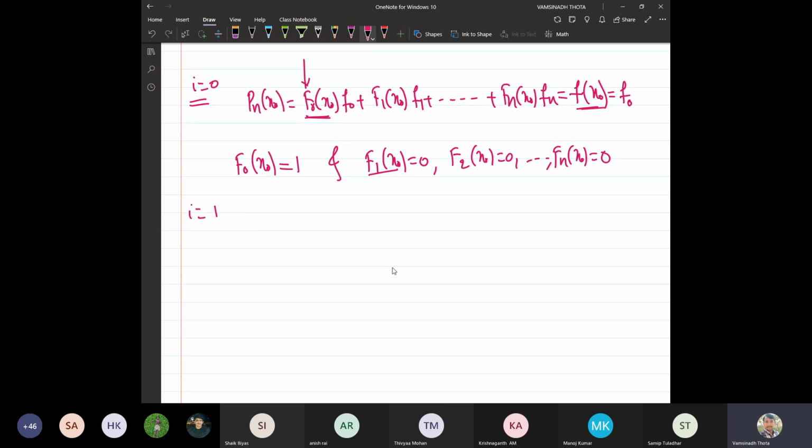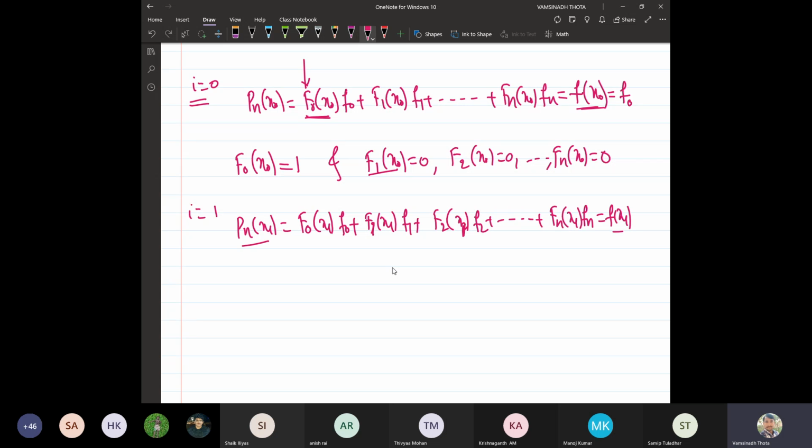Then we will conclude. If i is equal to 1, Pn at x1 is equal to F0 at x1 times f0 plus F1 at x1 times f1 plus F2 at x1 times f2 plus and so on plus Fn at x1 times fn, which is equal to f at x1, because the polynomial value and the functional value should be the same at the nodal points, but that is nothing but f1.